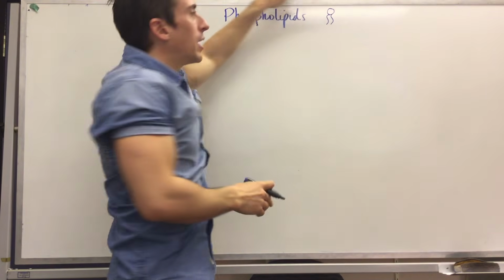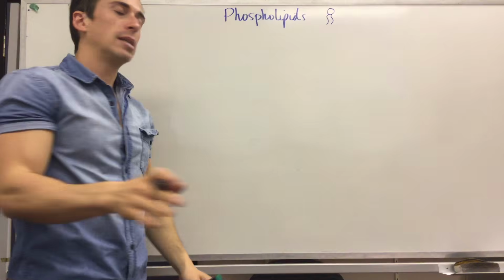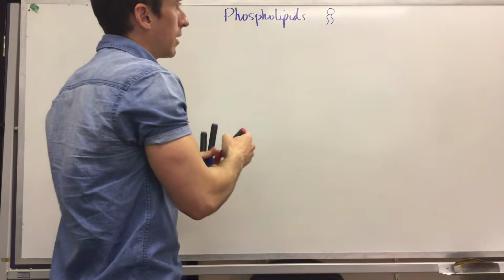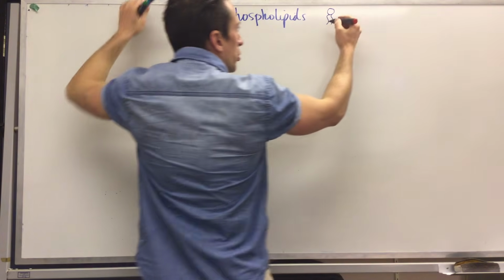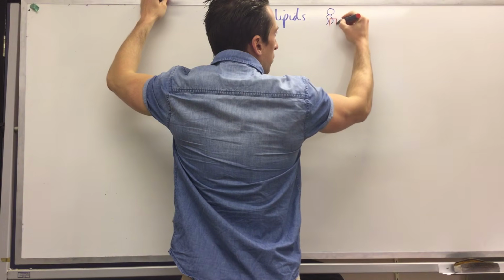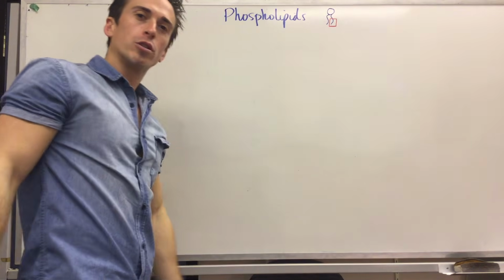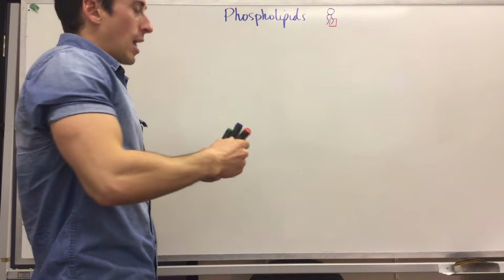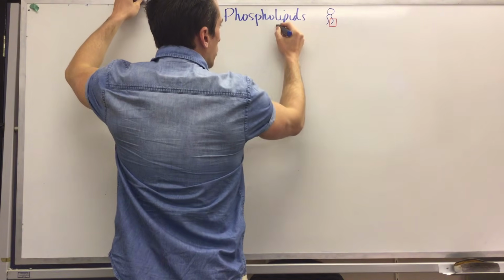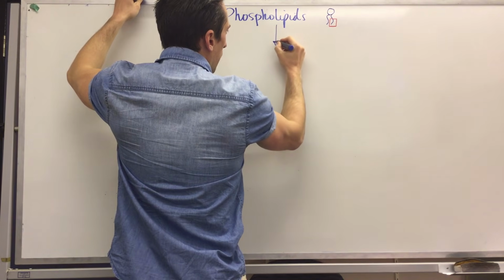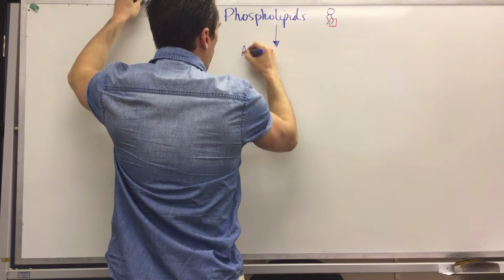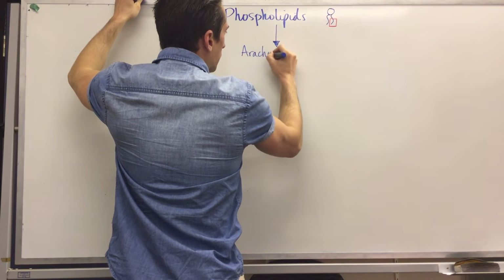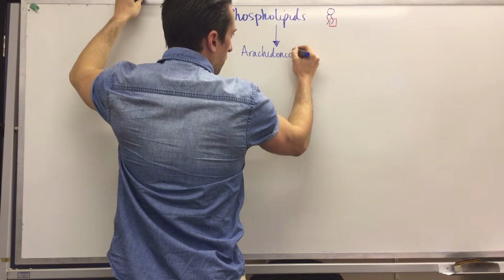Okay? Now, the reason why I'm bringing this up is, if you were to take a 20 carbon portion of this fatty acid tail, just a small portion of this fatty acid tail, that actually is what we call arachidonic acid.